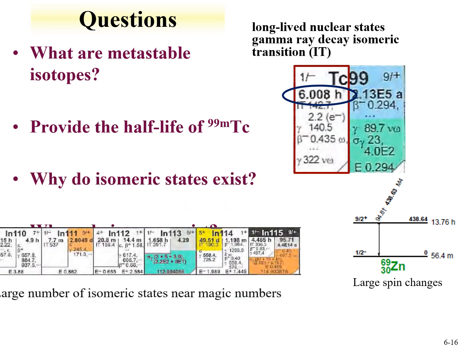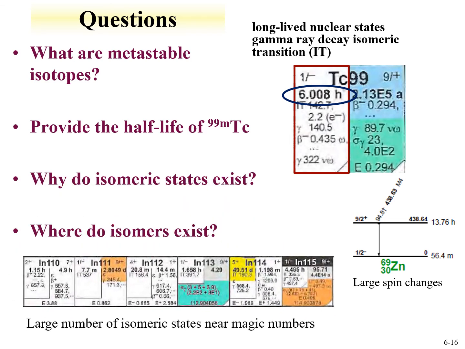Why do these isomeric states exist? Well, they have to do with one of the reasons that also influenced beta decay, which was changes in spin and parity. An example that we talked about in the first slide of this lecture is zinc-69. Zinc-69 has a metastable state that lasts 13.76 hours.